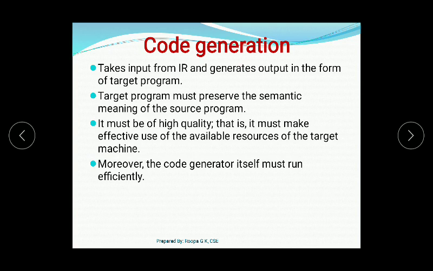So let us consider non-optimized code. The input for the code generation is the output of the intermediate representation. What are the different types of intermediate representation we can make use of? Either syntax tree or three address code, etc. It generates the output in the form of a target program.